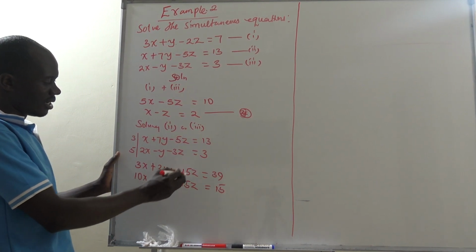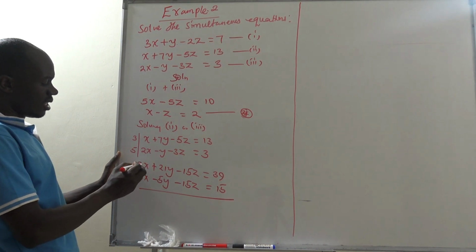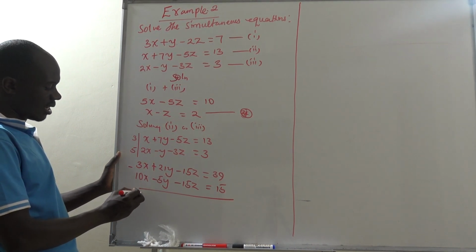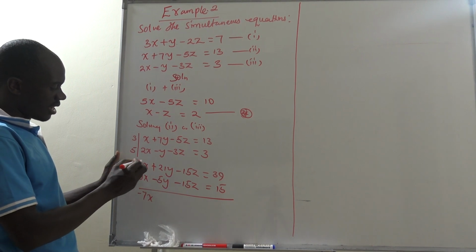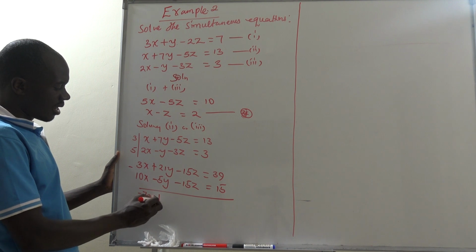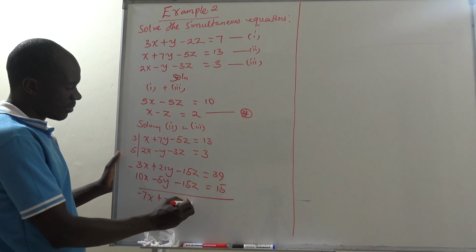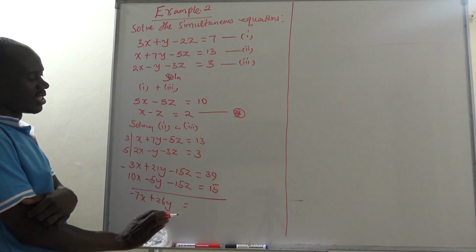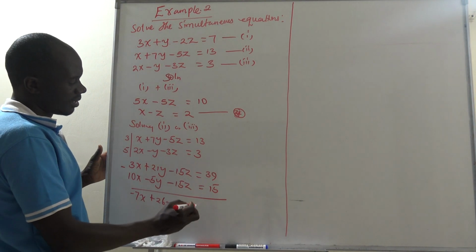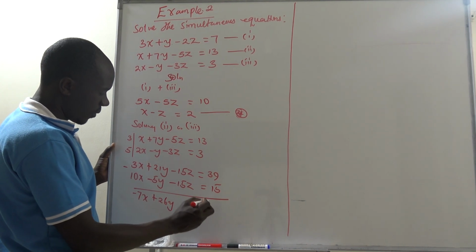How can I eliminate this? Through subtracting. 3x minus 10x, I get -7x. 21 minus -5y, I get +26y. This and this disappear. I move to this one, 39 minus 15, I will get 24.